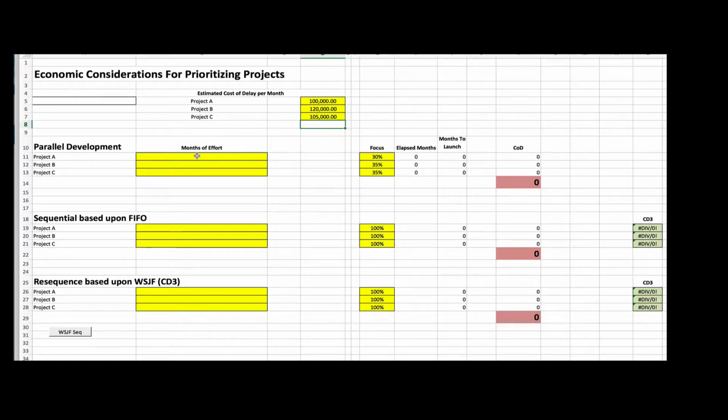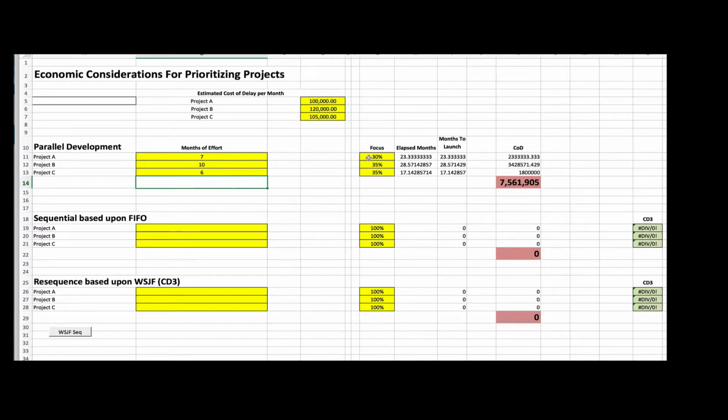So let's begin by estimating the months of effort. Now, these are broad estimates, but because this is Agile, we're going to start talking in terms that are fairly short. We think Project A is 10 months of effort. We think Project B is about 10, and we think Project C is about 6.